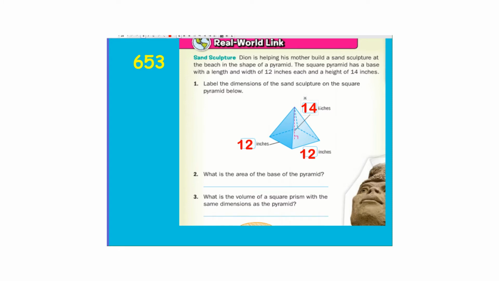Okay, so what is the area of the base? It's 12 times 12. We have 144. And label 144 square inches. What is the volume of a square prism? Okay, so not this pyramid, but a square prism. So we would take 12 times 12 times 14.